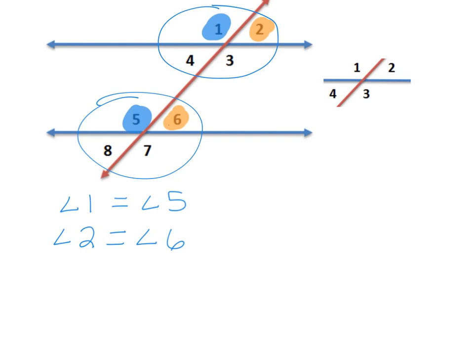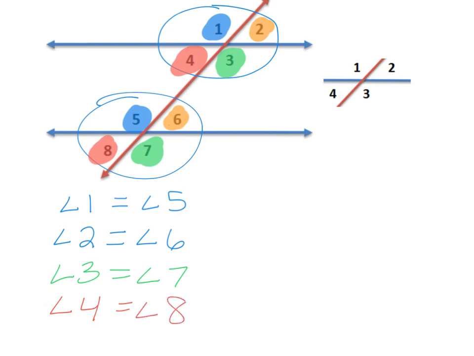And we have angle 4 is congruent to angle 8, and angle 3 is congruent to angle 7. So angle 3 equals angle 7, and angle 4 equals angle 8. And those we call corresponding because they are in the same position in another figure with the parallel line. So this is called corresponding.